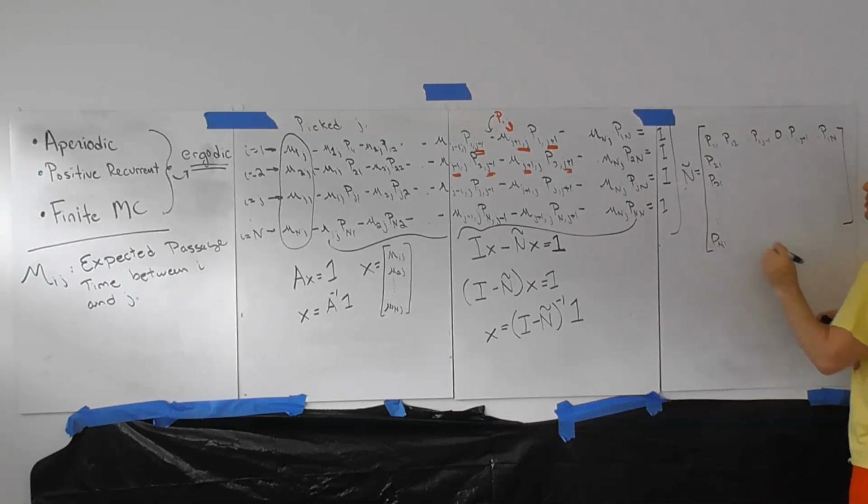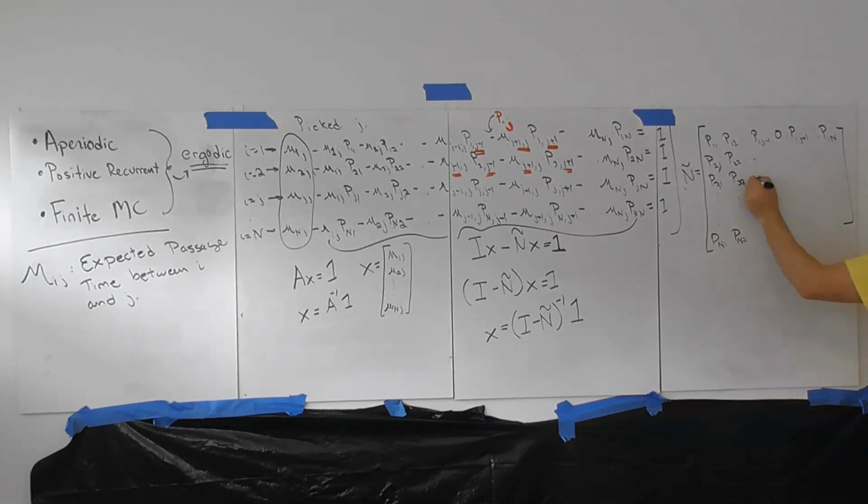All right. Similarly, we're going to multiply times P22, P32, all the way down to Pn2. And this repeats all the way to P2(j minus 1), P3(j minus 1), down to Pn(j minus 1). Now, in the jth column, we're going to have a bunch of zeros. Okay.